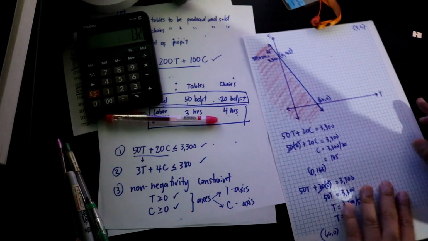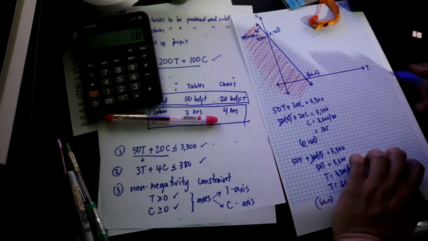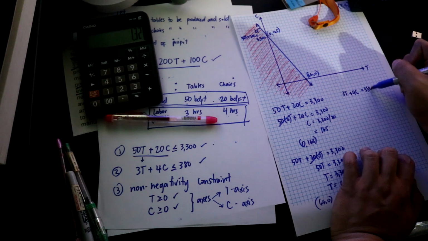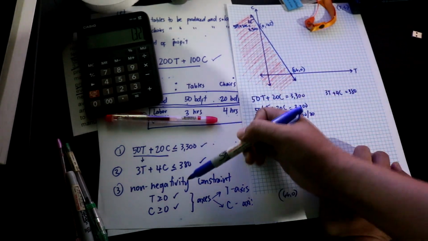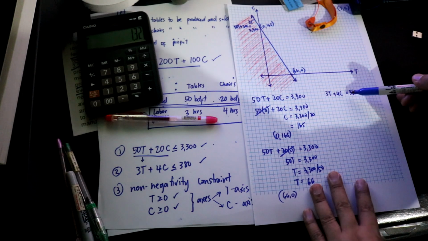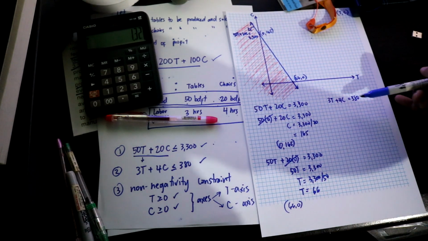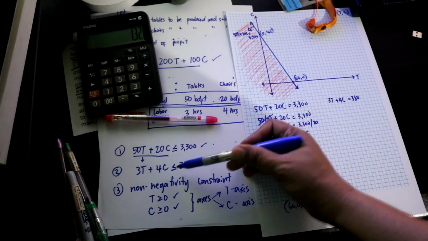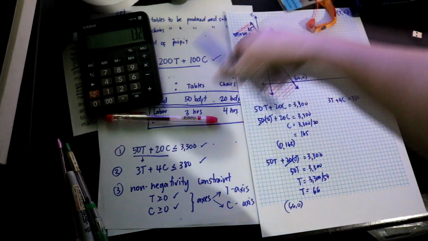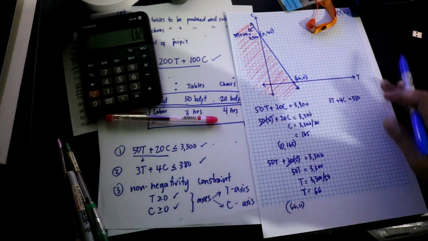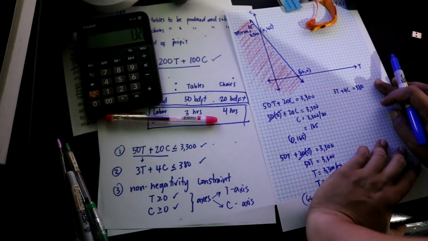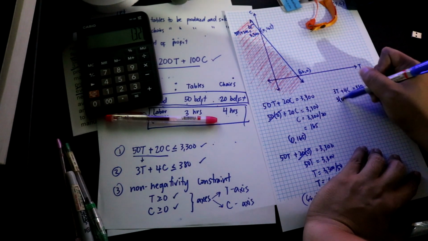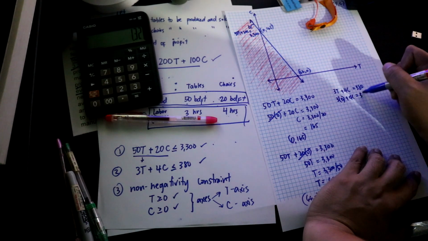For the last constraint, we have 3t plus 4c is equal to 380. We are transforming this inequality symbol into an equation just for the purpose of plotting the line. Then we go back to the inequality and select what region satisfies it. Just the same, if t is equal to 0, then 3 times 0 plus 4c is equal to 380.